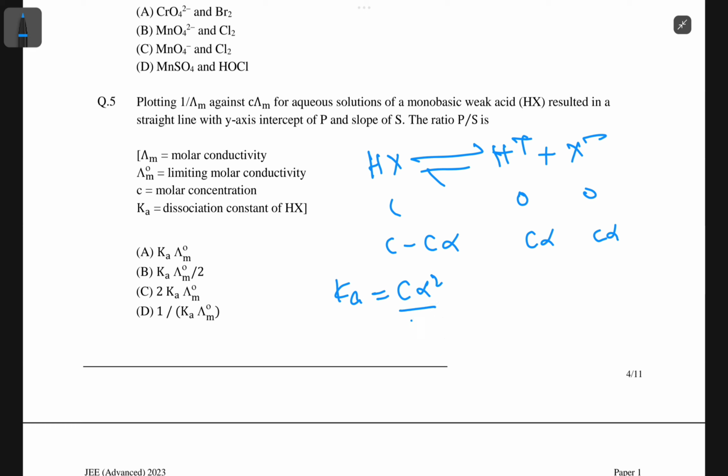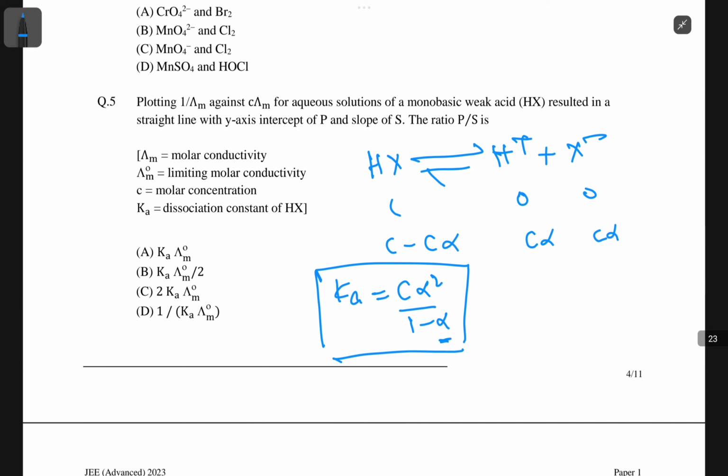In this question you cannot neglect it, as in you cannot say that alpha is very less than 1, because if you do that, which I did while attempting the paper, you would not have this intercept P. So for that you need to keep this as that.